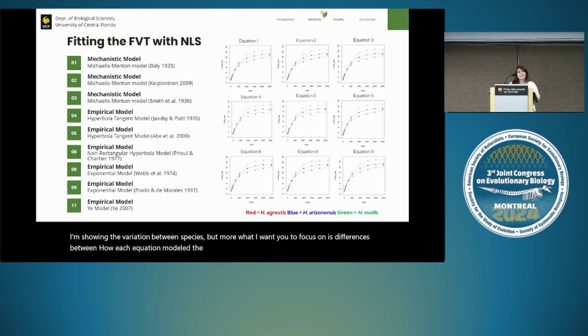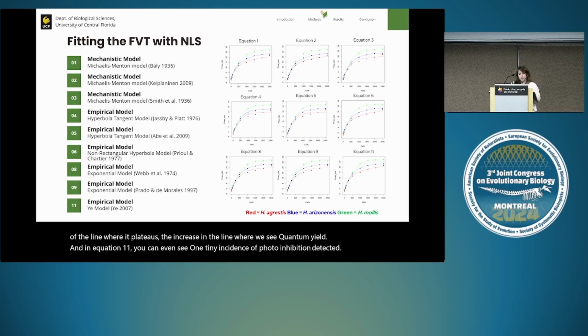Each equation has slightly different assumptions about trait relationships, even though they all consider the physiology and biochemistry between them. And you can see some differences, especially in the curvature of the line where it plateaus, the increase in the line where we see quantum yield, and in equation 11, you can even see one tiny incidence of photoinhibition detected.